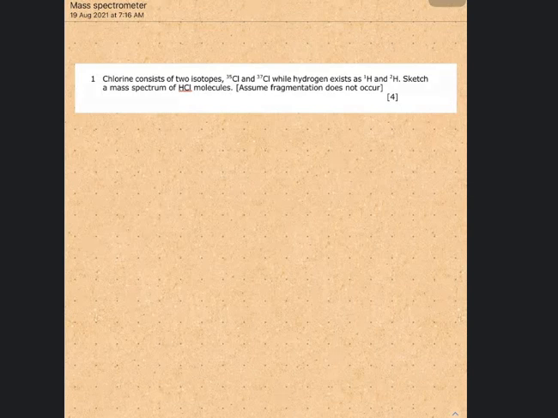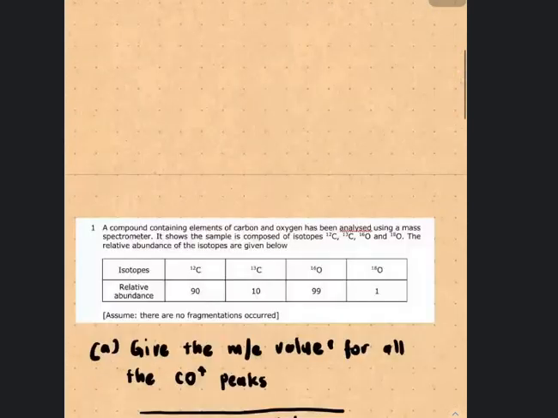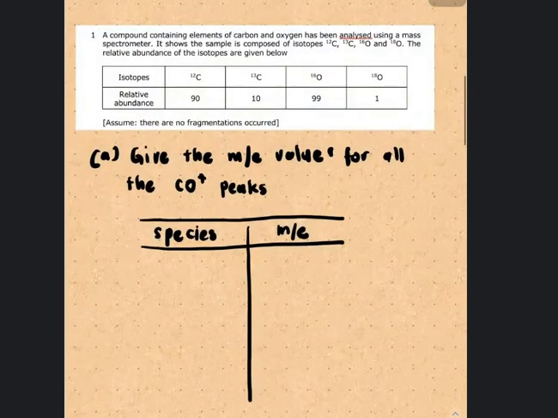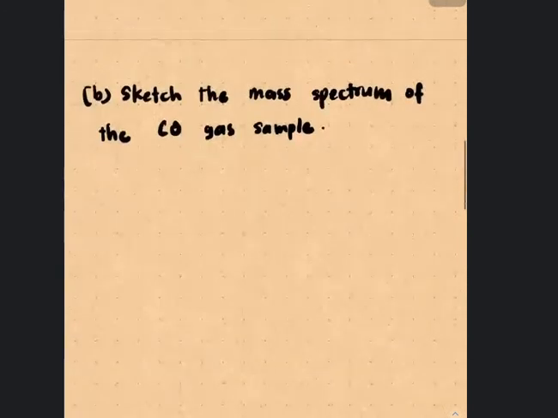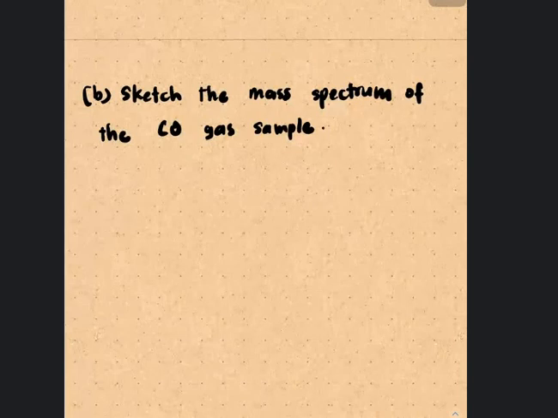Okay, and one more ini, you can screenshot this. Tapi dia ada A dan B. A: give the mass per charge values for all the CO plus peaks. Lepas tu B dia adalah sketch the mass spectrum of the CO gas sample.